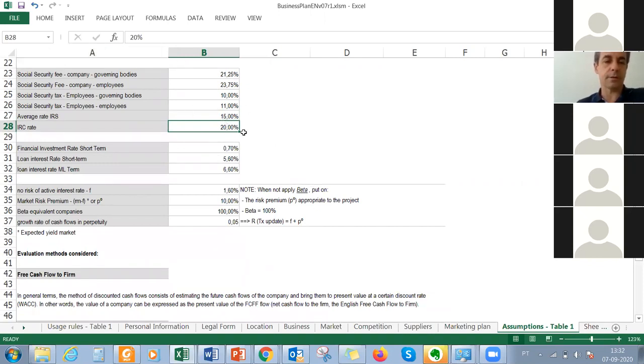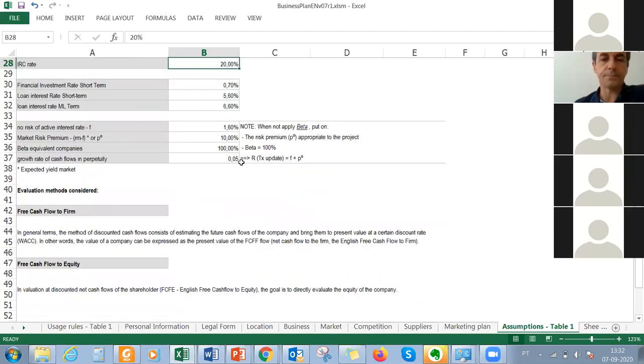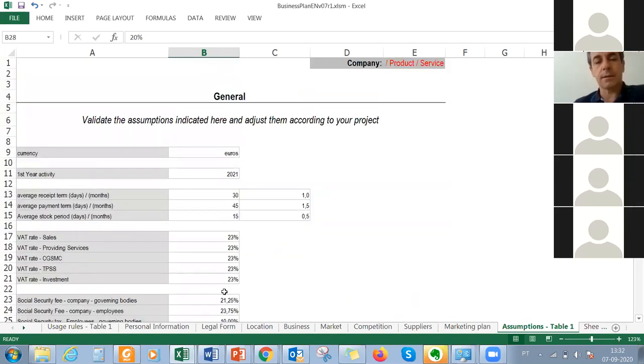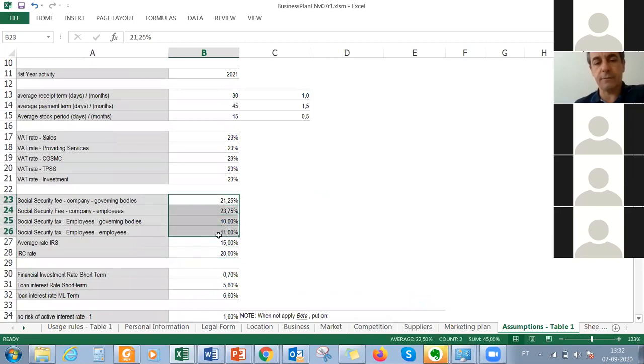There are also issues about short-term or long-term loans if they are needed. But this is specific for each country, for each society. Usually we propose to the students not to touch this. This is roughly a standard set of assumptions.